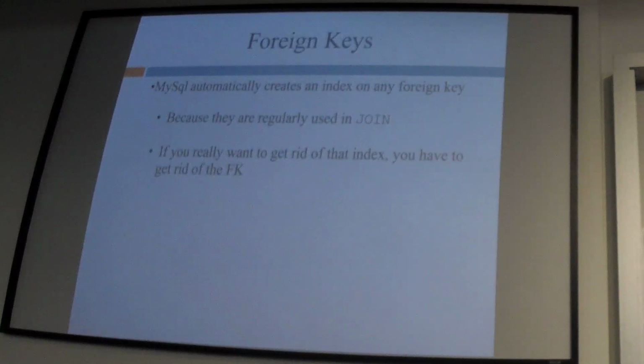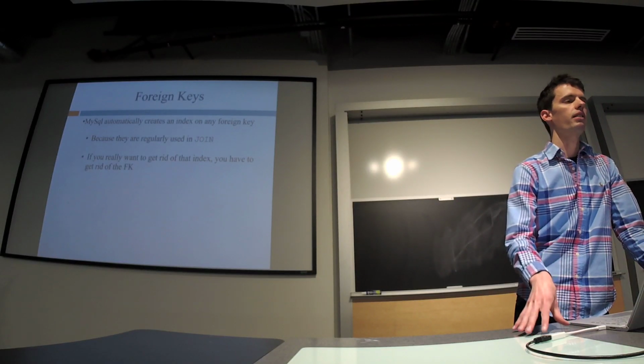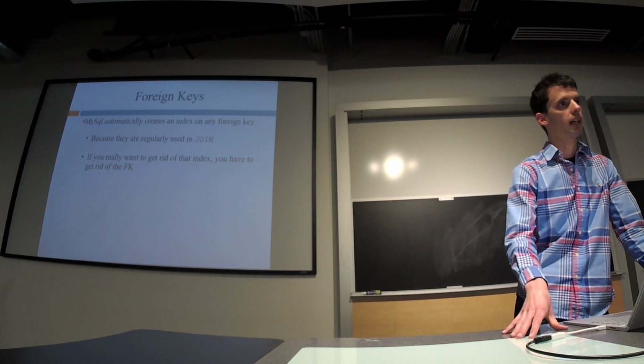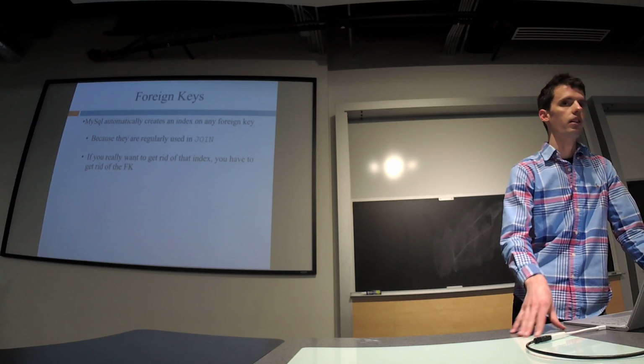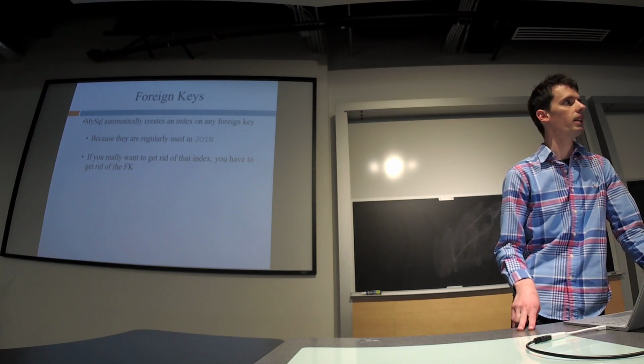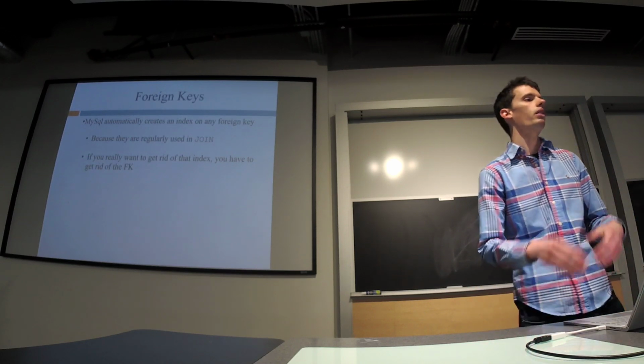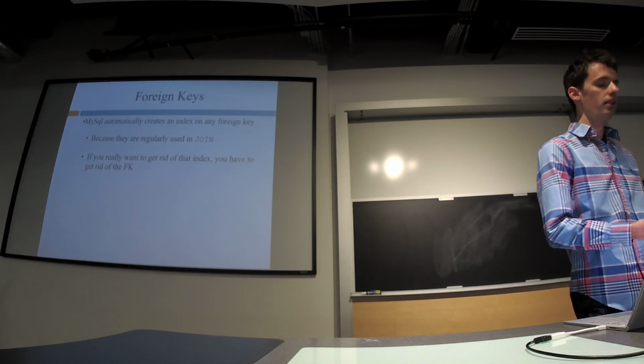So just to wrap up a few additional things here that I've glossed over. Turns out MySQL automatically creates an index on any column that's a foreign key, because the assumption is you're going to be using that foreign key in a join operation. Otherwise, why would it be a foreign key, other than for data integrity purposes.